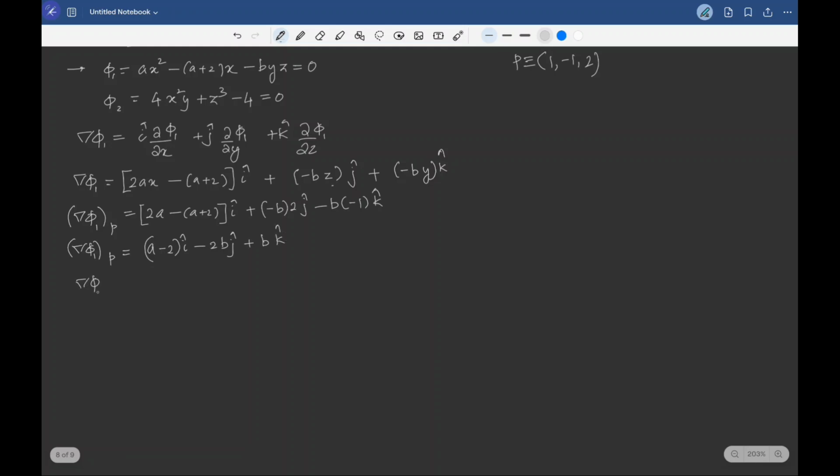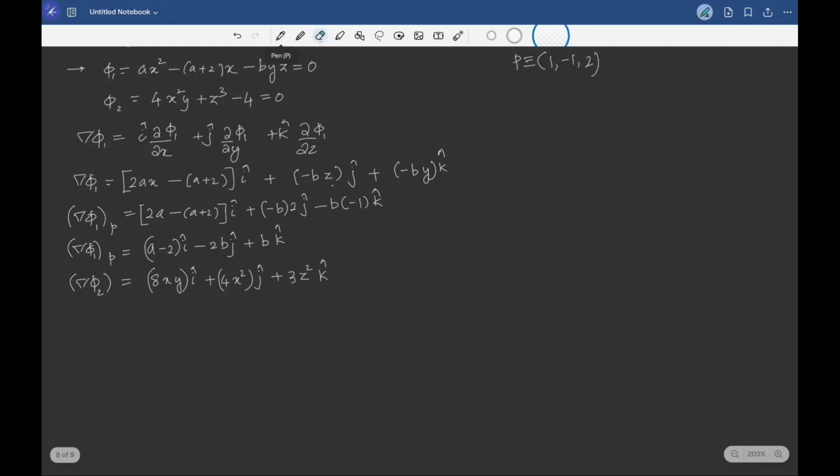Now what will be del phi 2? We get, differentiate phi 2 with respect to x first, then y, then z. We get 8xy i cap plus 4x squared j cap plus 3z squared k cap.